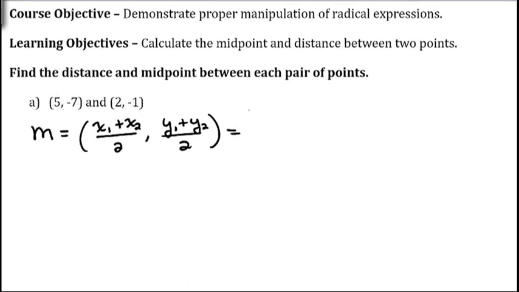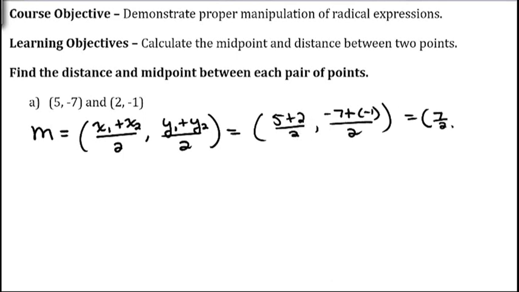So we have 5 plus 2 divided by 2, and then the y-coordinate would be negative 7 plus negative 1, divided by 2. So we have 7 halves, and for the y-coordinate we have negative 8 over 2, which is negative 4. So that's the point that's halfway between the 2 points given.